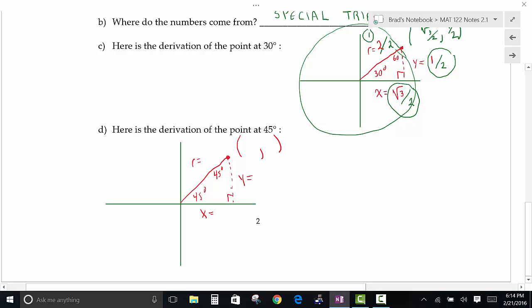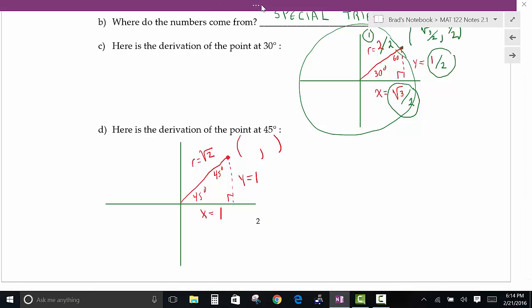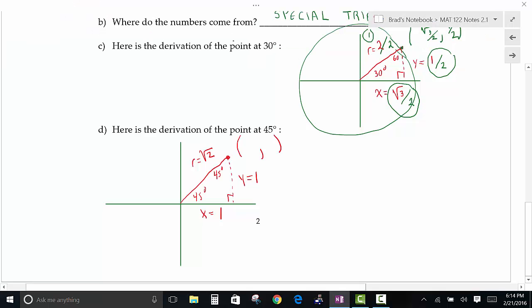So what we learned was, in a 45-45 right triangle, the sides could be reduced to 1, 1, square root of 2. Now, in a unit circle, we don't want the radius to be square root of 2. We want it to be 1. So what I can do is divide each side of this triangle by square root of 2.